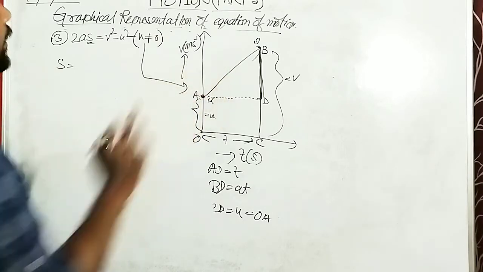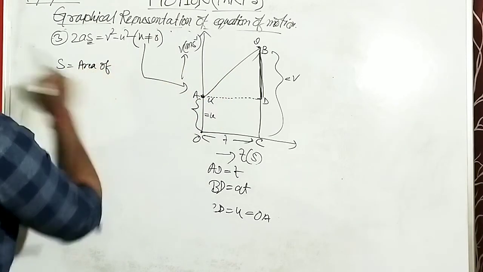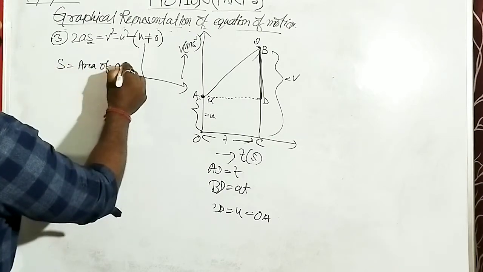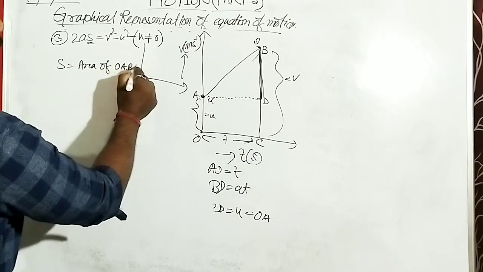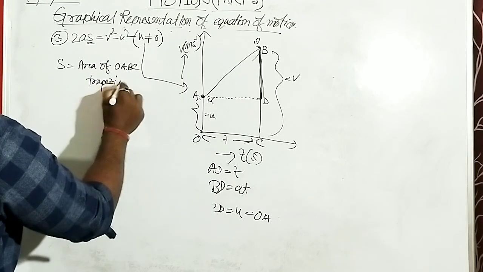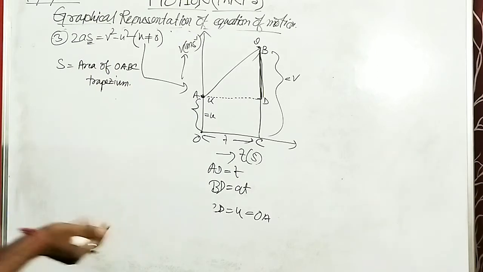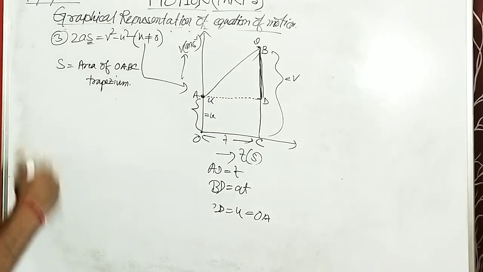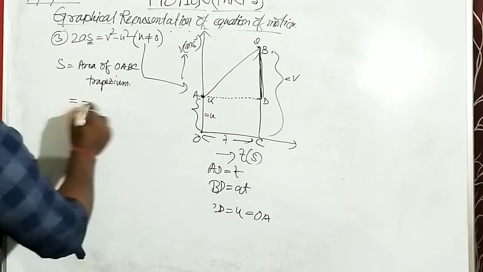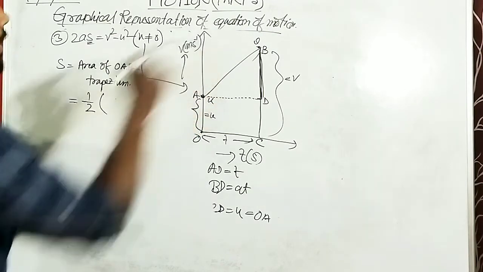It is the area under this trapezium. That is, we can say area of OABC trapezium. Now, what was the formula to find out the area of trapezium? The formula was half of the addition of two parallel lines.